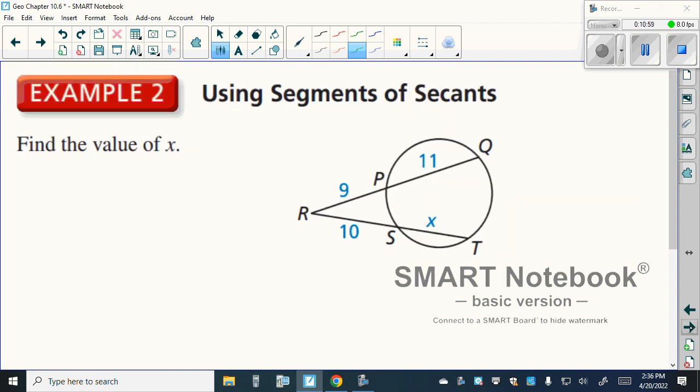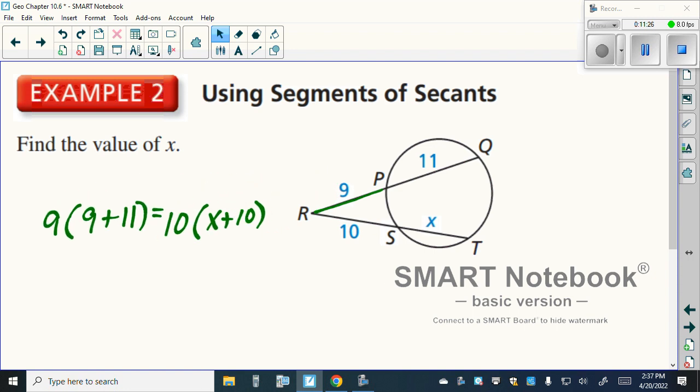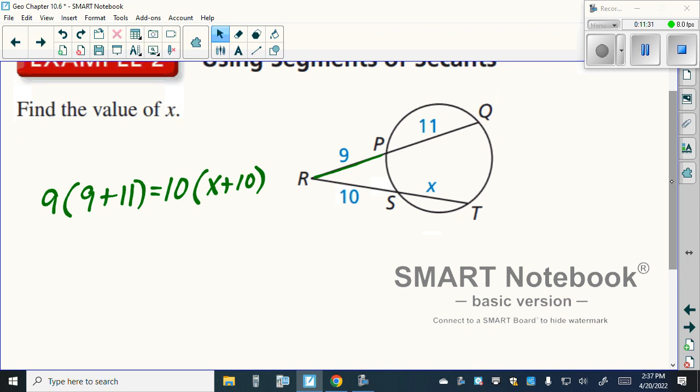So if we're looking at this problem here, the outside part would be 9 times the whole line, which would be 9 plus 11, is equal to the other line's exterior part, which is 10 times the whole line, which would be x plus 10. So when we have two secant lines, it's the exterior times the whole is equal to the exterior times the whole line.